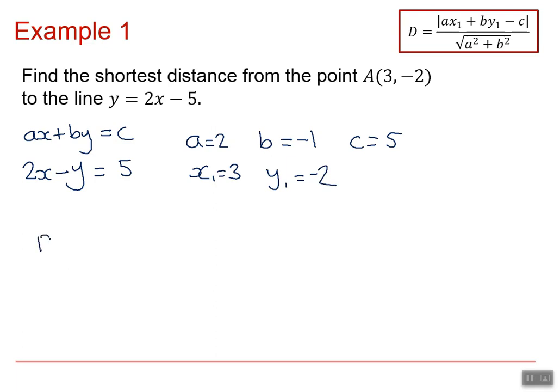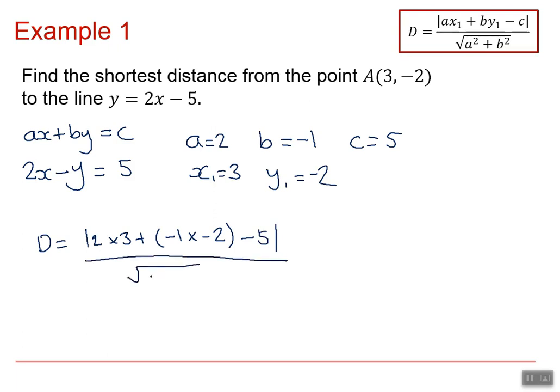Now we simply need to substitute these into the formula. So d is going to be a times x1, so 2 times 3, plus b times y1, so minus 1 times minus 2, minus c, and that's all over the square root of 2 squared plus 1 squared.